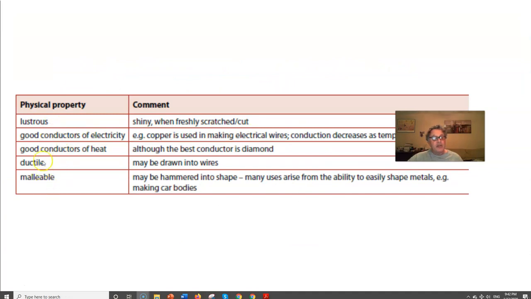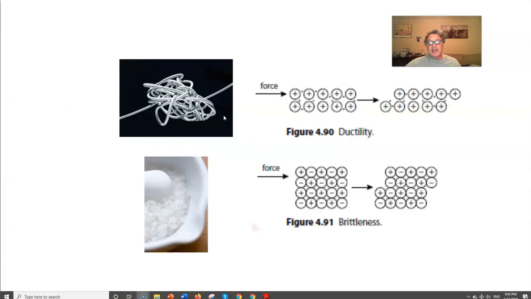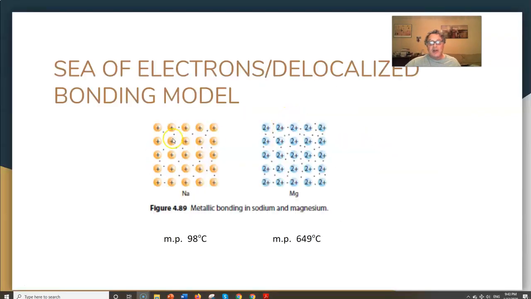Well, we talked about these two over here and why you're able to do that with metallic solids but not with ionic solids. Well, ionic solids are not good conductors of electricity or heat, but metallic solids are. Metallic solids are good conductors of electricity because, again, these electrons are free to move in response to, say, an electric potential, because of the nature of this bonding model.